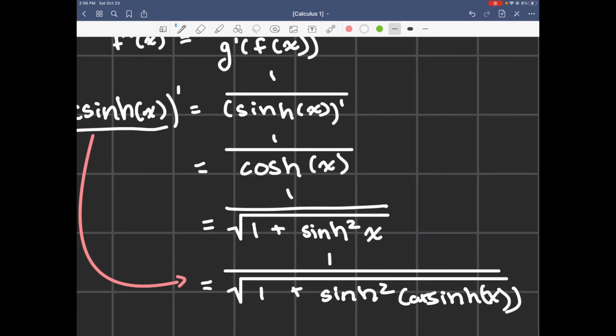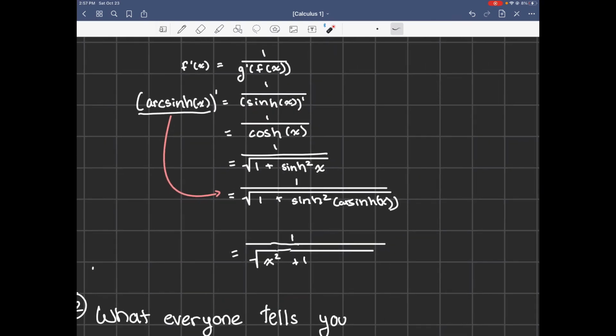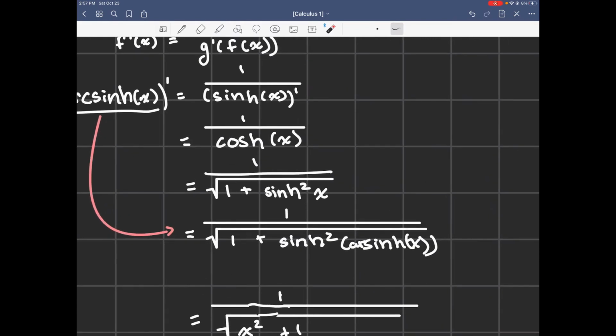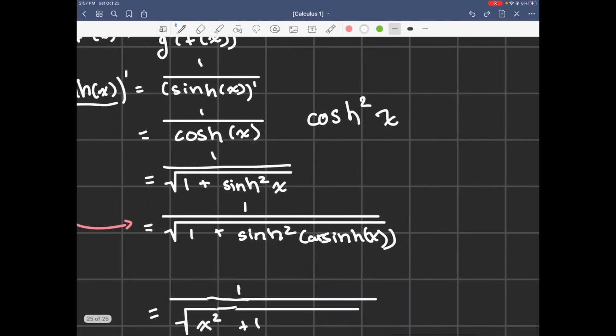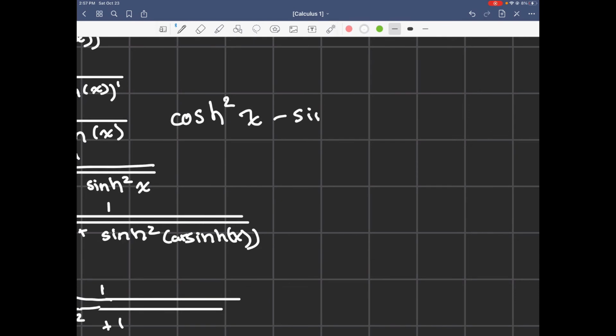Now here is the part that you have to remember. The derivative of sine hx is actually cosine hyperbolic x. And then we can learn that there's a way of writing this. Now, you might have learned the hyperbolic trigonometric identity, which was, I might be a little not that good in this, plus, oh no, it's minus, cosh squared x minus sine h squared x is equal to 1.